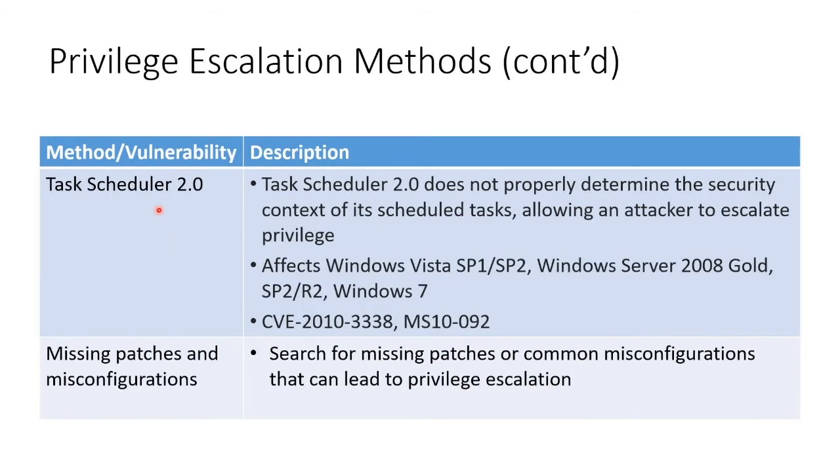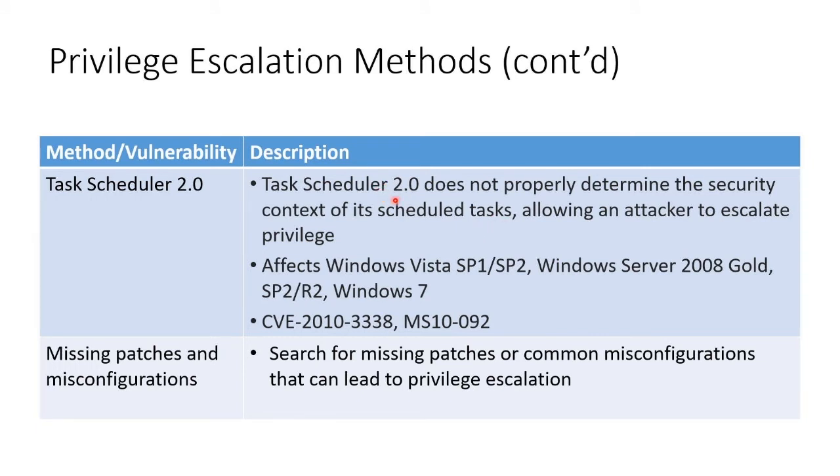Or the task scheduler. Task Scheduler 2.0 does not properly determine the security context of anything that's scheduled. So you could, as a user, schedule a task that when it runs, Task Scheduler does it. The task should not be run, and ordinarily, if you just tried to do it yourself as a user, you would fail because you don't have permissions.